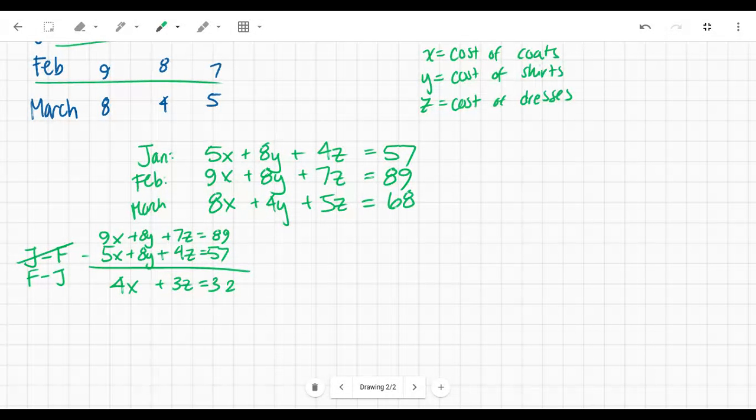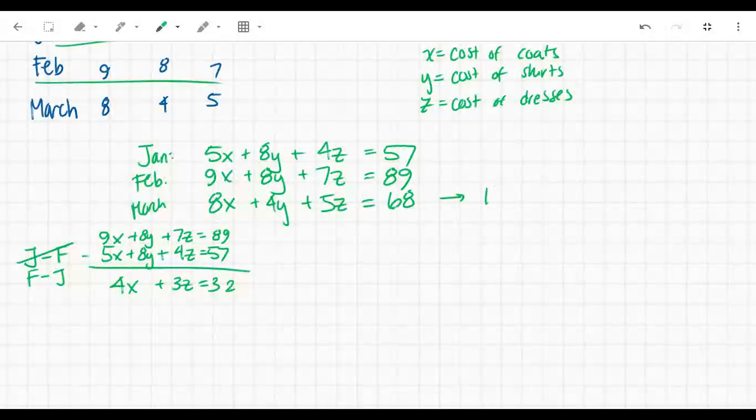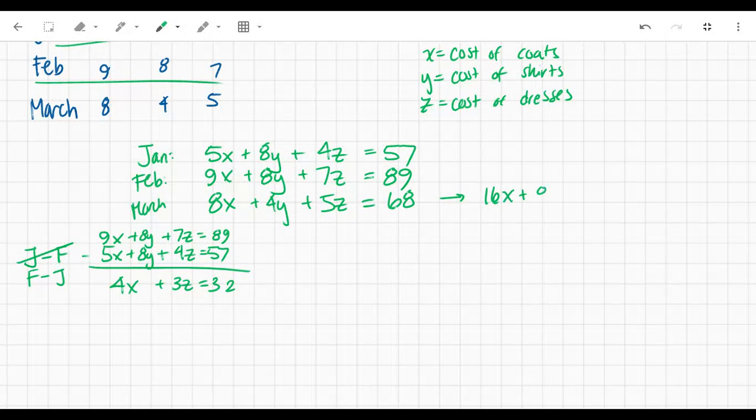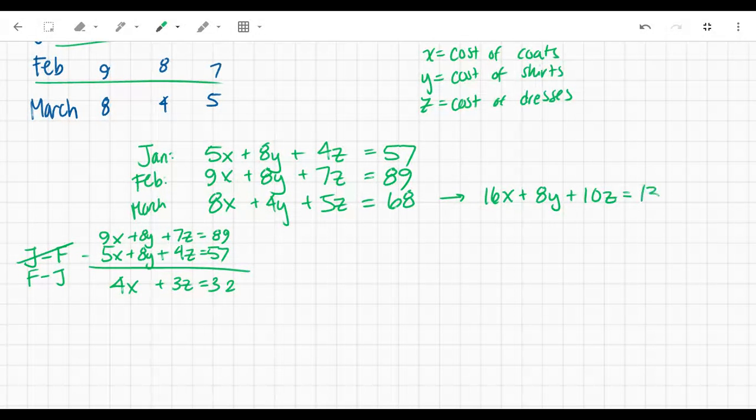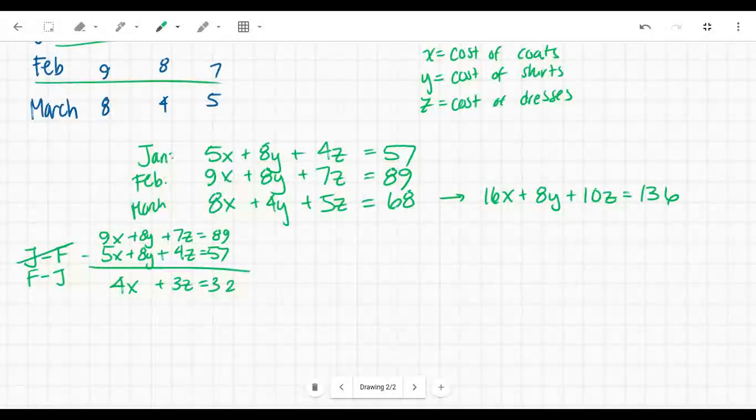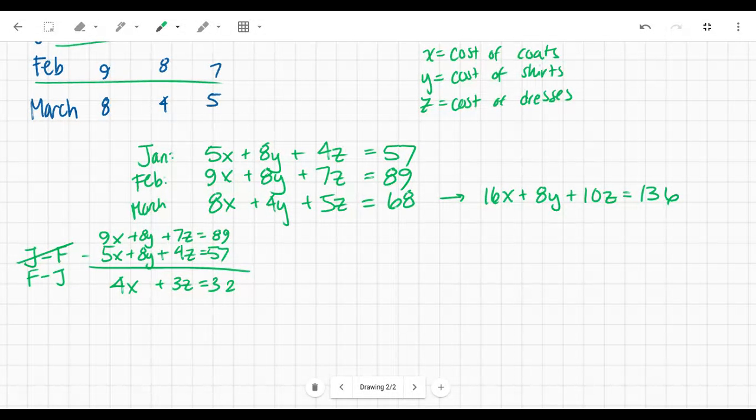Okay? Now I'm going to double March. So I'd have 16x plus 8y plus 10z equals 136. Okay? So I'm going to take that and do 2 March minus, it doesn't really matter, let's do February. 2 March minus February.